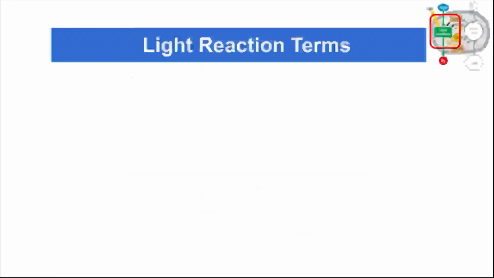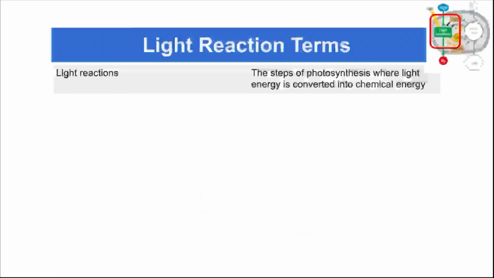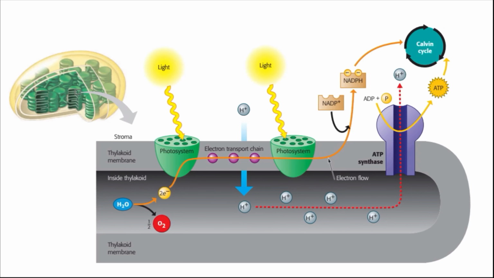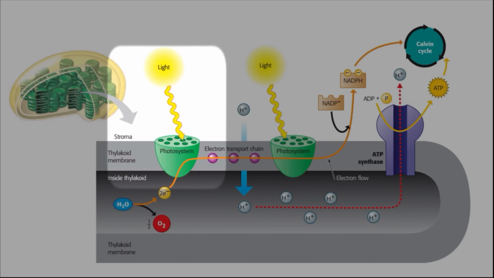Here are some terms that you'll need to know in order to understand light reactions. Light reactions are the steps of photosynthesis where light energy is converted into chemical energy. Photosystem 2 is a group of pigments and proteins that use light energy to energize electrons stripped from water.